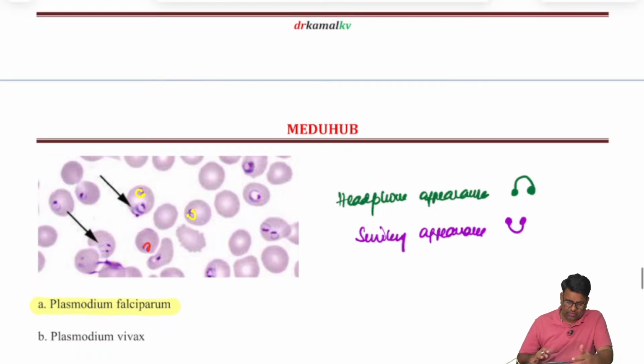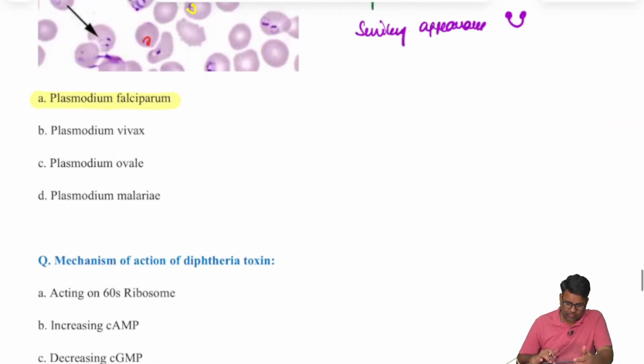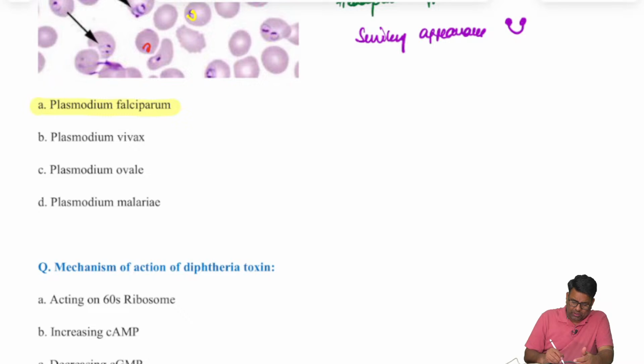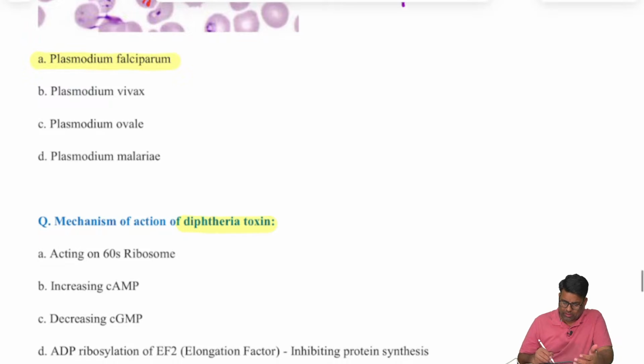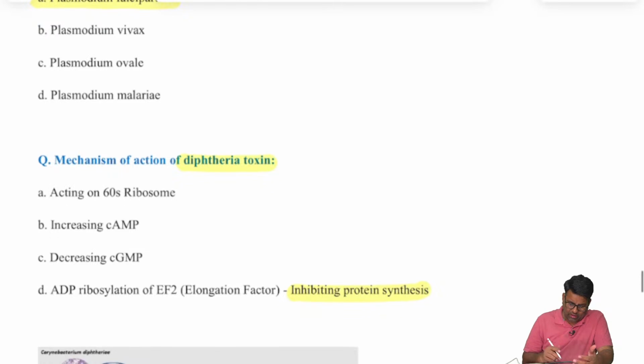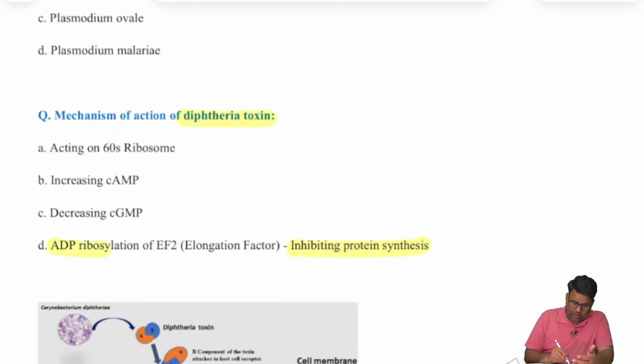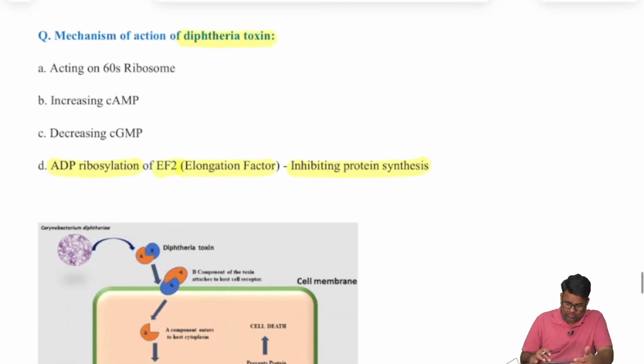Okay, classical. Then mechanism of action of diphtheria toxin. Now, diphtheria toxin actually inhibits protein synthesis by ADP ribosylation of elongation factor 2.